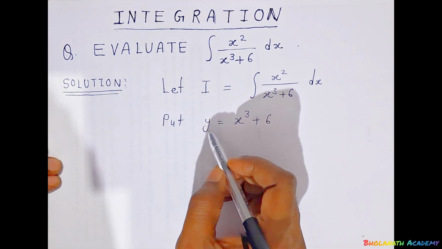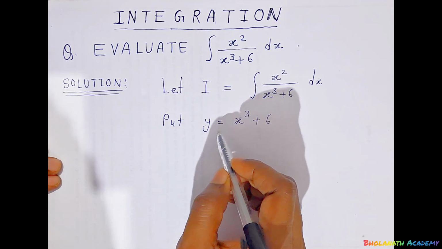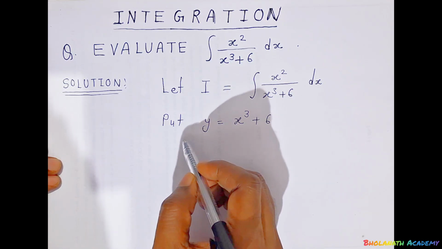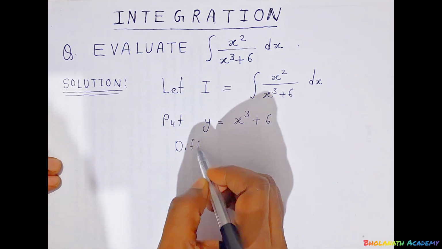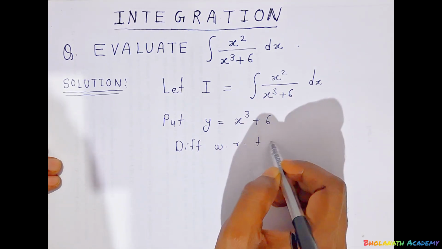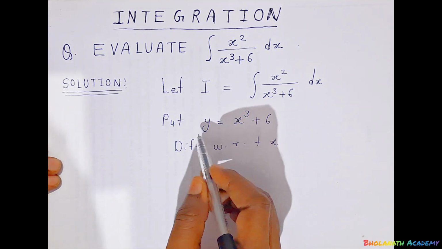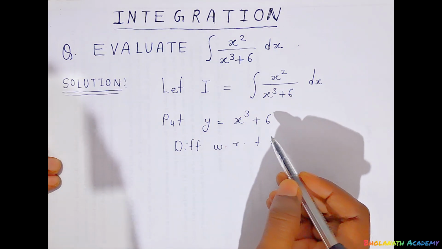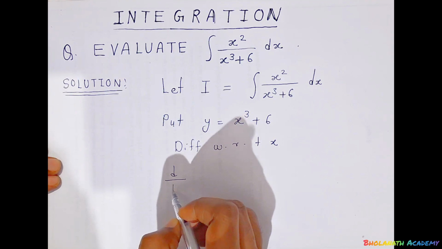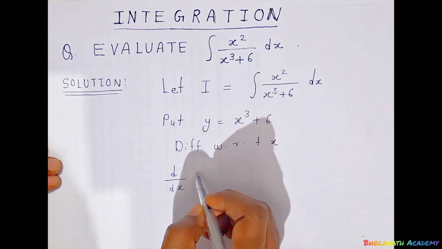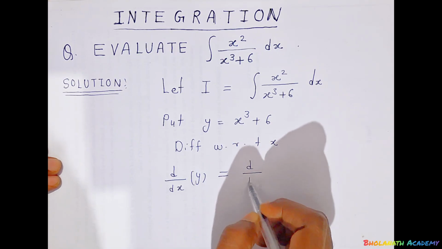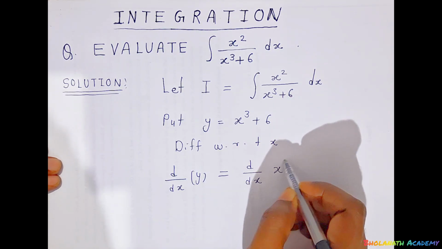Now, to simplify, we have to differentiate with respect to x, because x is there. We differentiate on the left hand side as well as the right hand side. The symbol is dy upon dx of y, and the equal sign stays as it is. Now on this side we differentiate the function x cube plus 6.